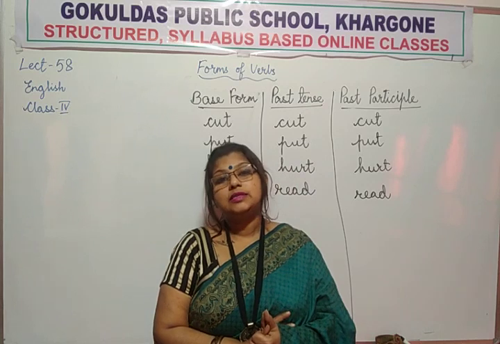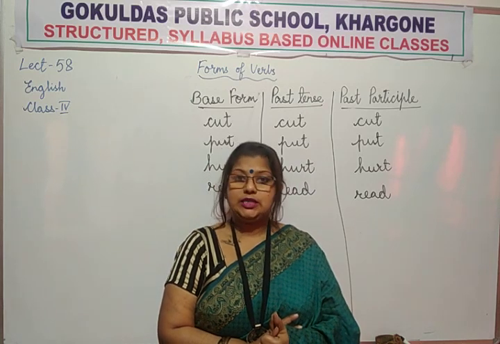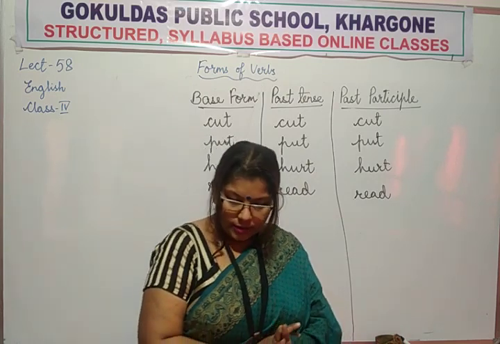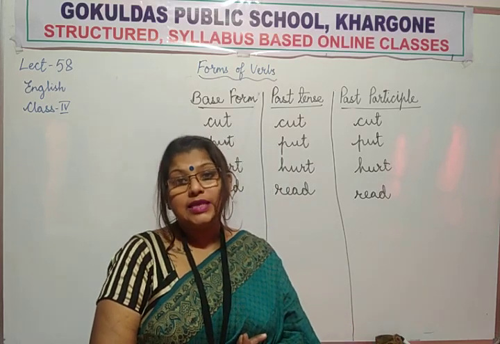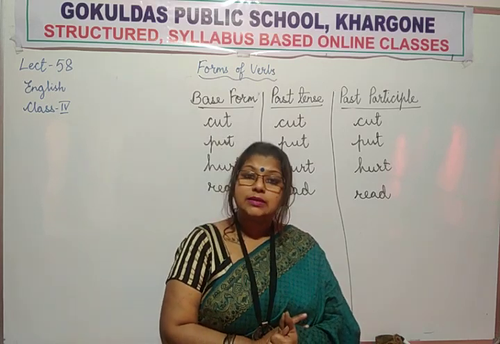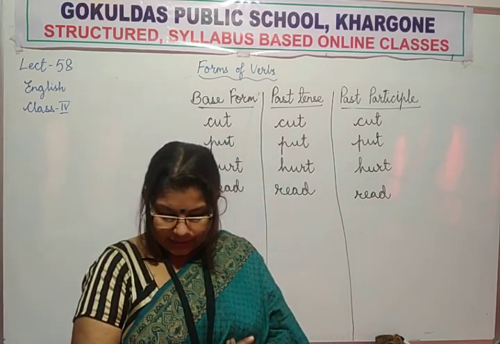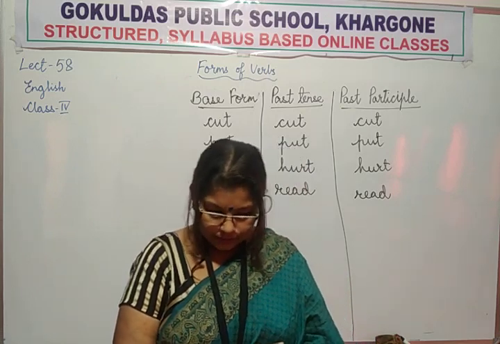And again it becomes become, which is past participle. Bring, brought, brought. Build, built, built. Same here, see? Build becomes built in past tense. Again, it becomes in past participle, built.